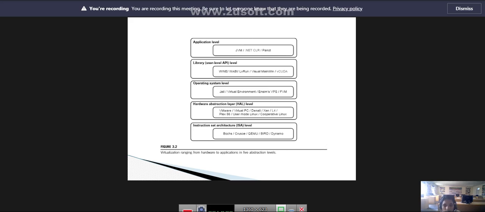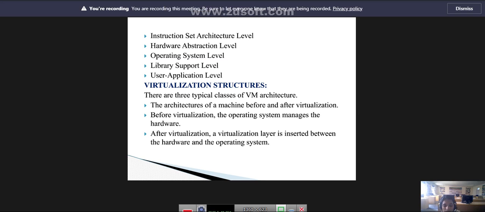We have some advantages here: virtual machines at operating system level have minimum startup and shutdown costs, low resource requirements, and high scalability. It is possible for a virtual machine and its host environment to synchronize state changes when necessary. So these are the implementation levels of virtualization.